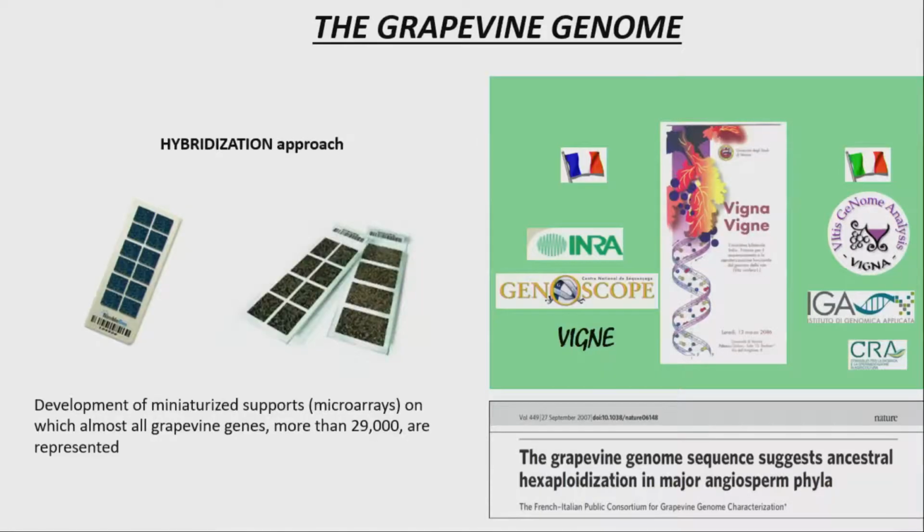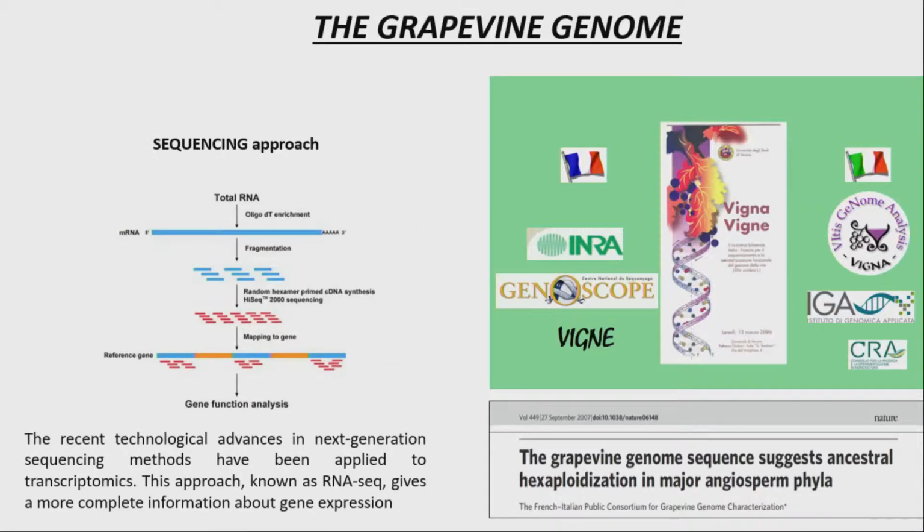So in one single reaction, we can monitor the expression of all these genes. And also, the digital count of transcripts was improved by this knowledge, and together with the recent technological advances in the next generation sequencing methods, now for grapevine we can apply the method called the RNA-seq approach that gives more complete information about gene expression analysis.